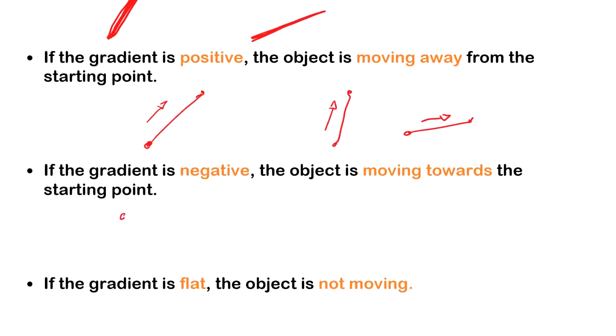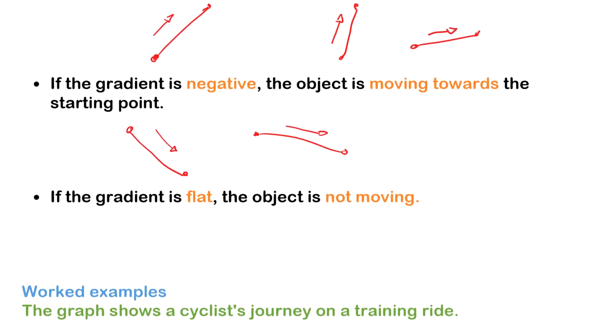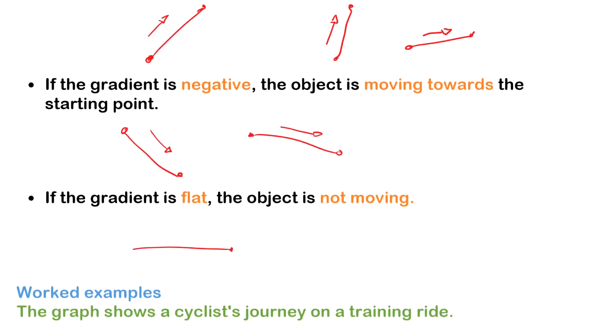Now, the opposite's also true. If I'm starting in the top left and going down to the bottom right, so I'm going in a downwards direction, the object's moving towards the starting point. So if the gradient is negative, we're moving towards the starting position. Now, if the gradient is flat, it's just a straight line like that, the object's not moving. The person or the thing is not moving. It's static. It's staying right there.